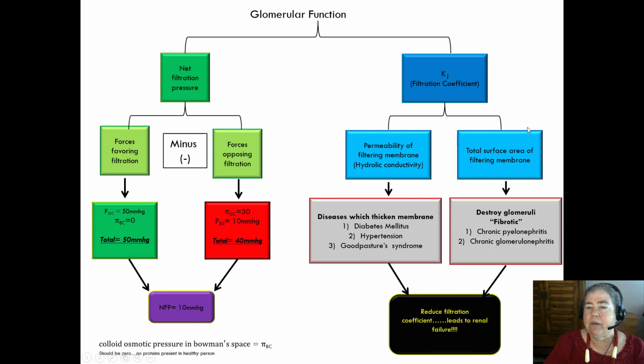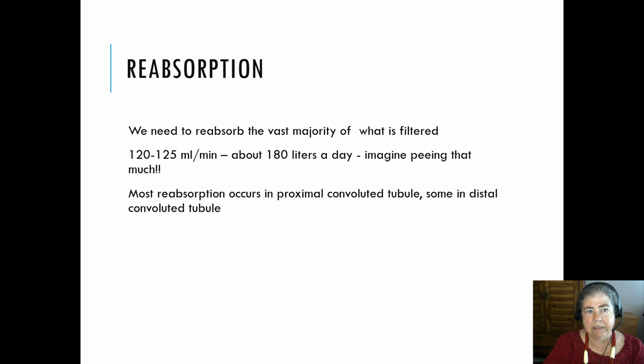We can get rid of nephrons, decreasing the surface area of the filtering membrane by destroying them. So chronic infection can destroy nephrons, chronic inflammation can destroy nephrons. And if these things happen, whatever's going on over here becomes irrelevant, because if you reduce your filtration coefficient, ultimately you will end up in renal failure, the inability to appropriately filter the plasma.